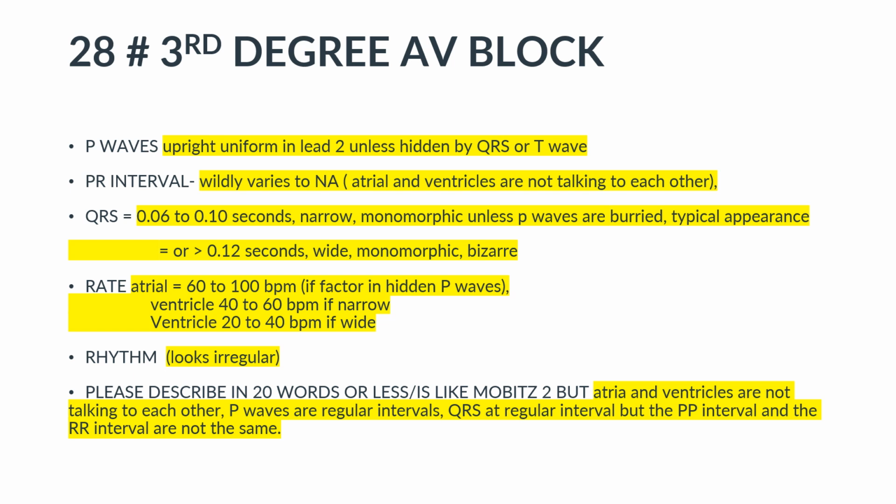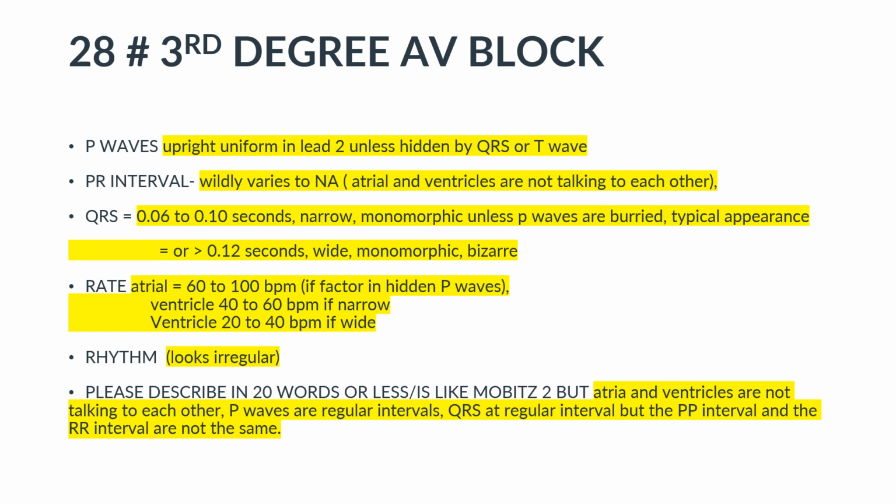Now, the rate is going to be linked to the appearance of the QRS. The atria have nothing to do with the ventricles, so the P waves are going to be upright and uniform, right? And so the atrial rate is going to be 60 to 100 beats per minute, and it's going to be a regular rhythm.